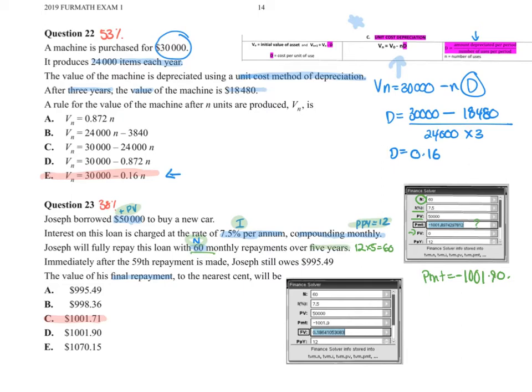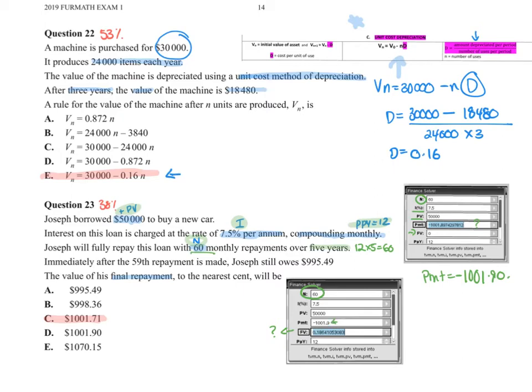Okay, so we get that. So now we want to know his last payment is going to be adjusted, which is very common in a loan like this. So what I always want you to do is just always go and see what's happening at the end of the loan. So I'm going to the end and I'm going to query what the actual final value is at the end of this loan. And I needed to find the payments, which I now have.